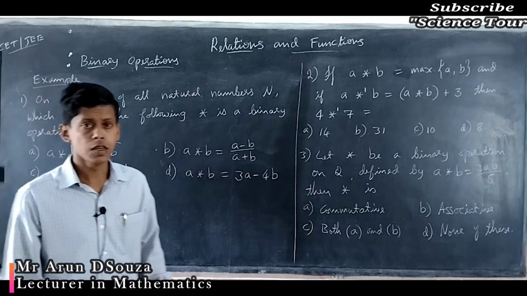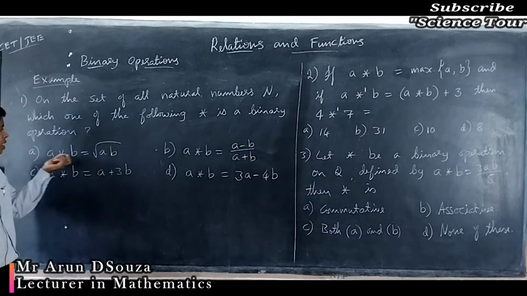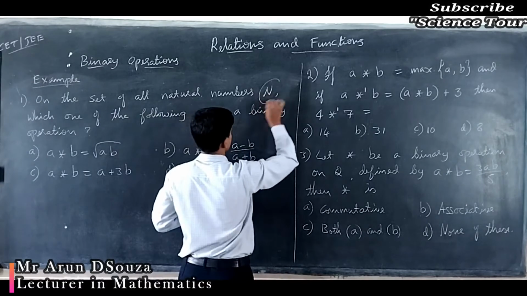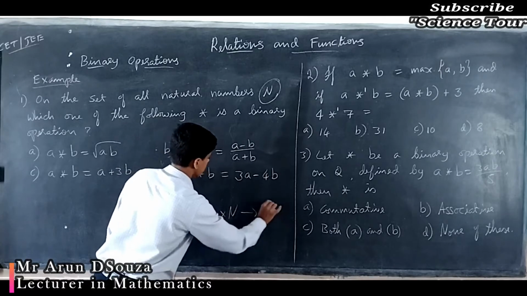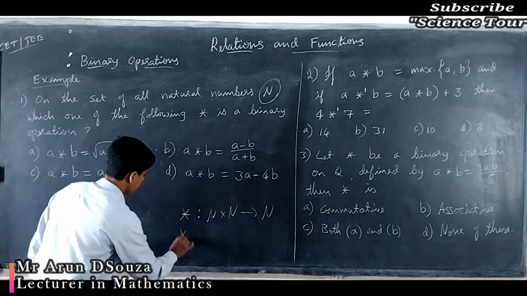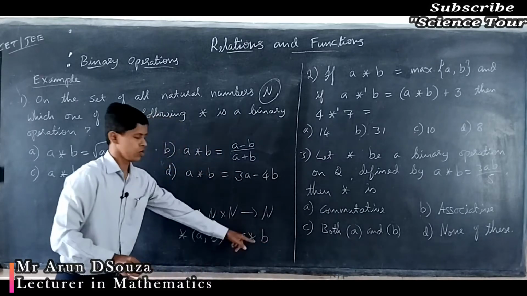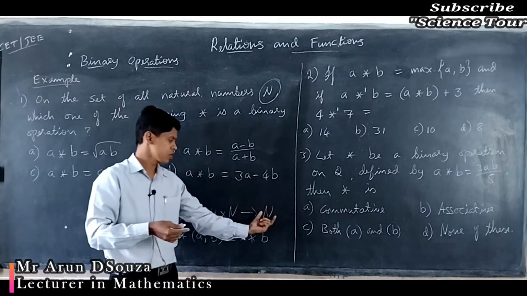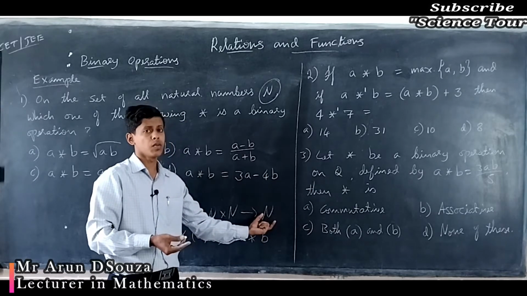It is a function from A cross A to A. That means if you take two elements from the natural numbers, and when you use the operation, what you get is a star b, and that element must also belong to the natural numbers. So this output must be in N, then only it will be a function.